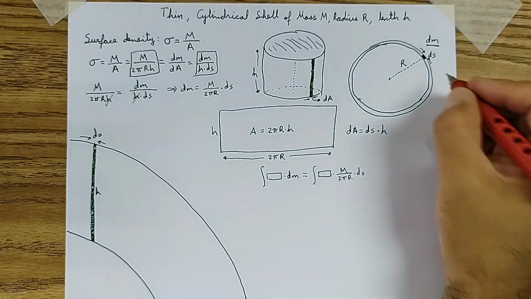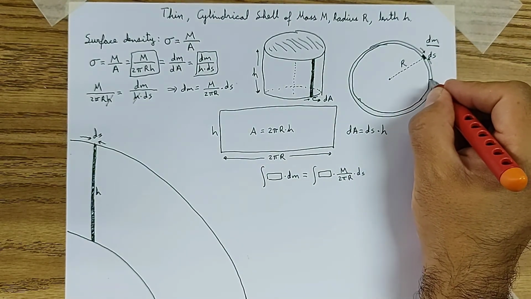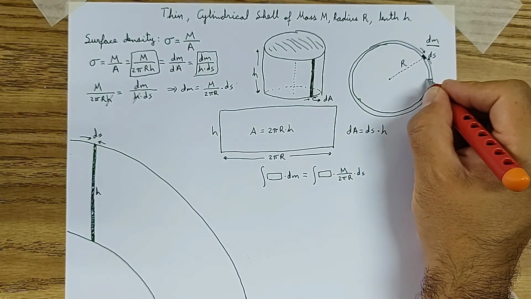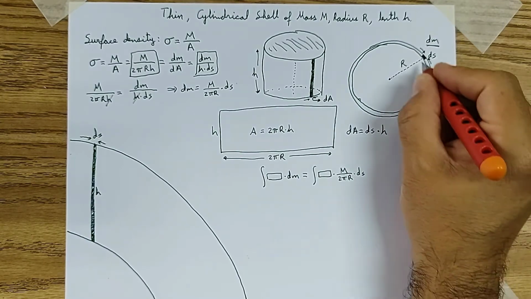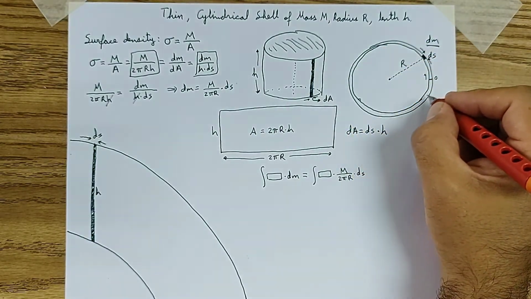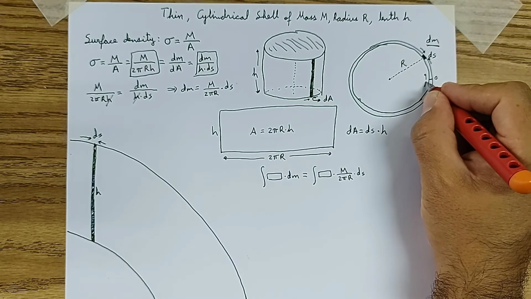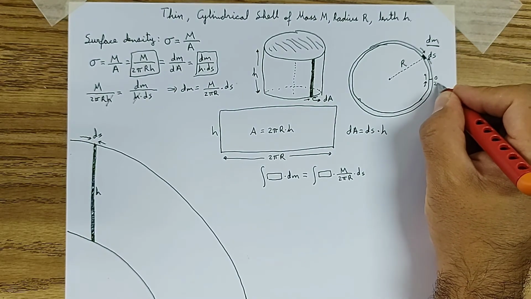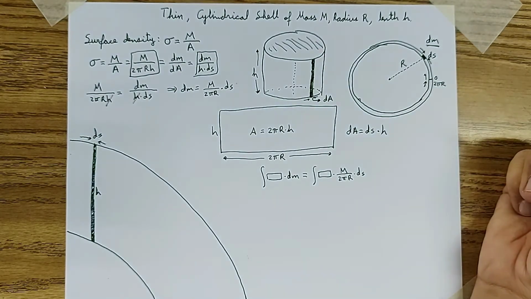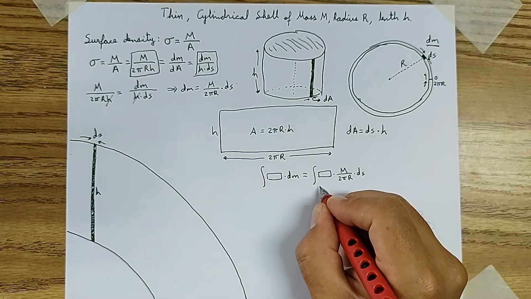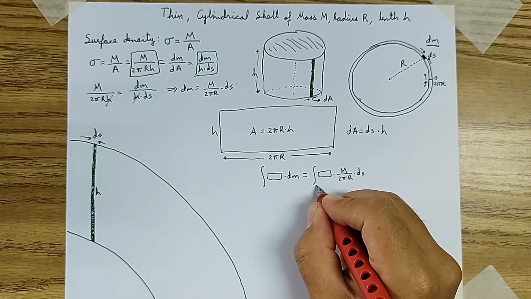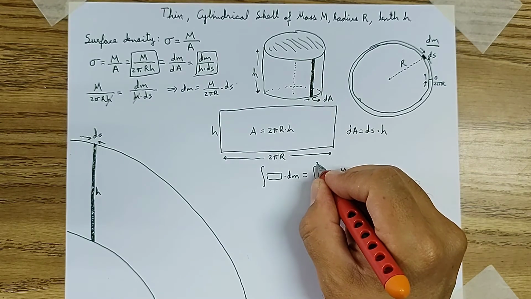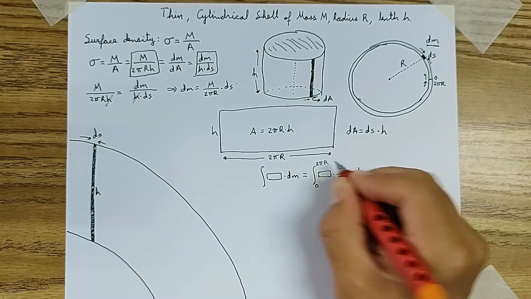And just like in the first example for this series, s is an arc that starts out at 0, goes around the whole circular shape, and ends at 2 pi r, which is the circumference, which means that the lower and upper limit of the integral are 0 and 2 pi r.